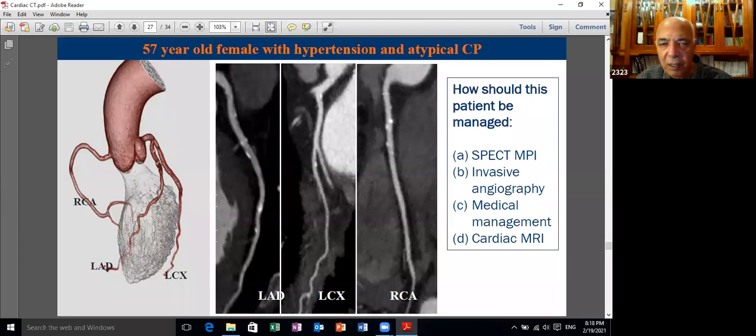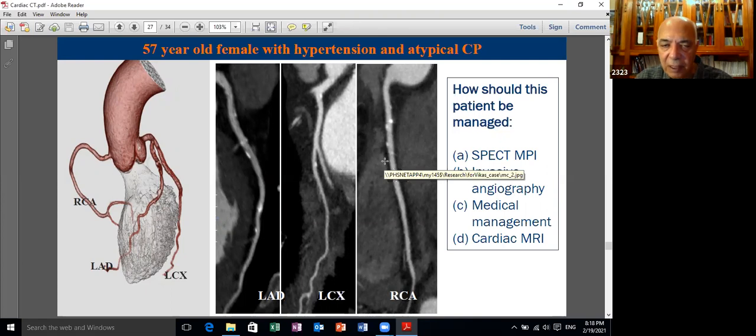Now, if you look into this, this is the right coronary artery, the circumflex, and the LAD. There are just non-obstructive plaques. So obviously, if you have non-obstructive plaques, the indication will be medical management. None of the other choices is correct. But remember that non-obstructive plaques, if they are numerous, cannot be disregarded as benign lesions.